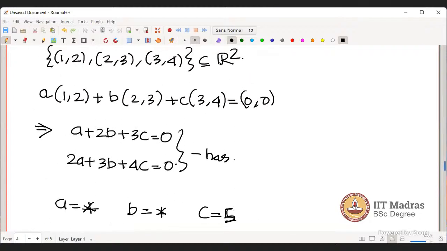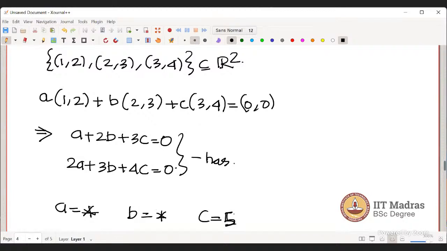So the whole point is, you have to understand that knowing whether a set is linearly independent or dependent is equivalent to solving a system of linear equations. If you know how to solve a system of linear equations, then you know whether a set is linearly independent or dependent. That's all.